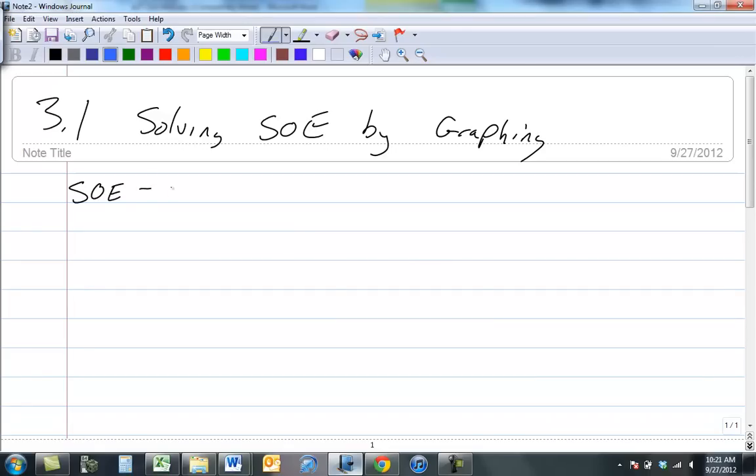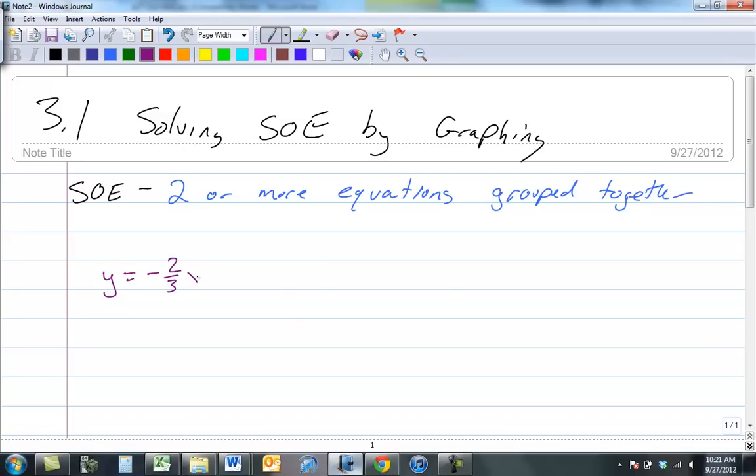Well, a system of equations is two or more equations grouped together. Now, we've solved equations, but suppose we had an equation like y equals negative 2/3 x plus 4.